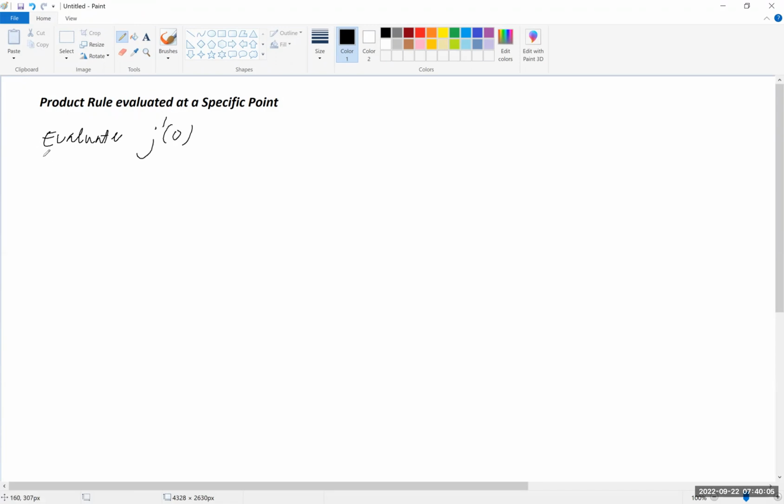Okay, and j rather is given as 1 minus x squared times negative 3x squared plus 2x. Okay, so we need to find j prime and then evaluate it.